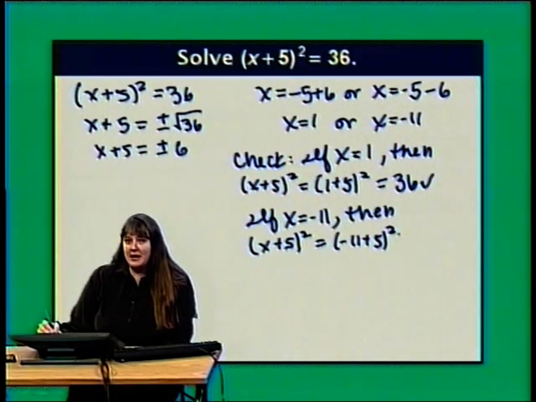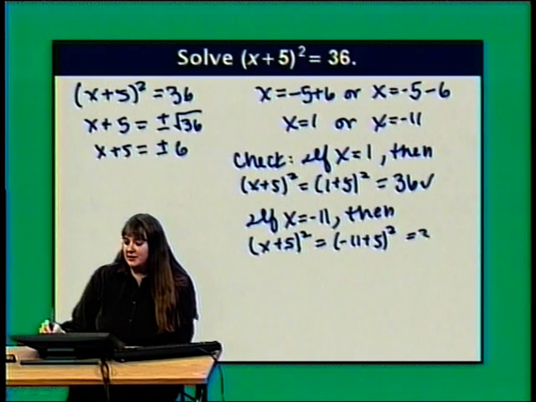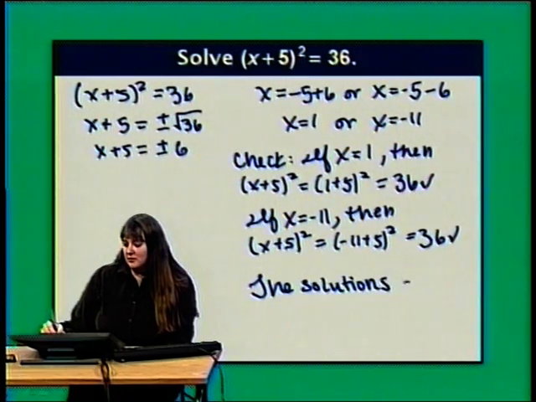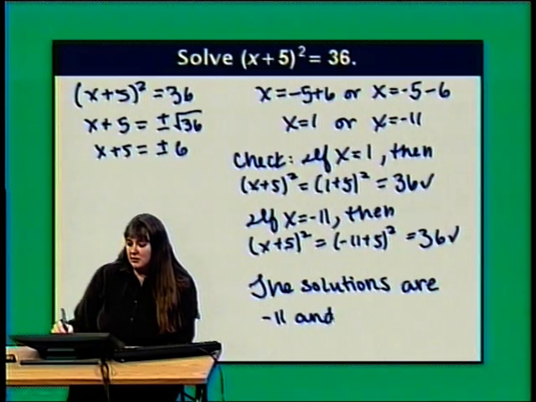That's the square of negative 6, which is also 36. So that checks as well. So the solutions are negative 11 and 1.